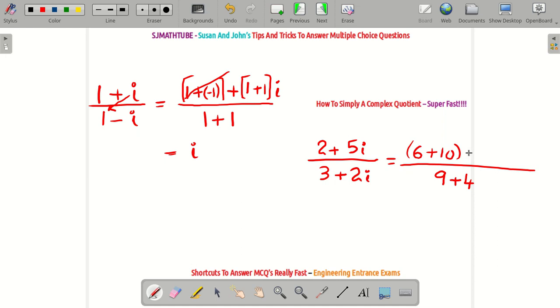In brackets plus the next bracket. What is 5 into 3? 15 minus 4i. That's it. What is 6 plus 10? Yeah. 16 by 13 plus i into 11 by 13.